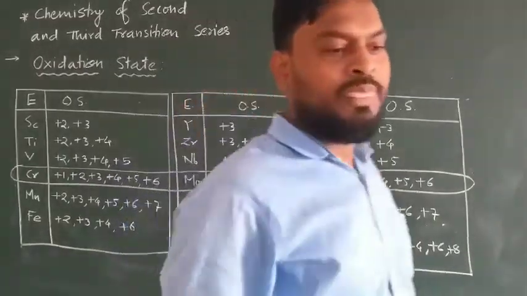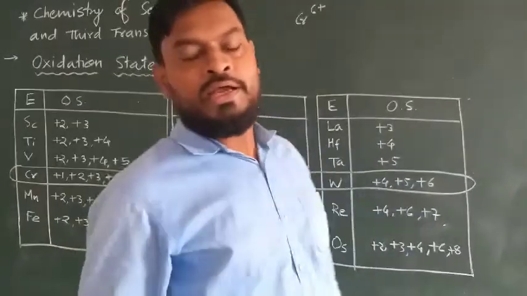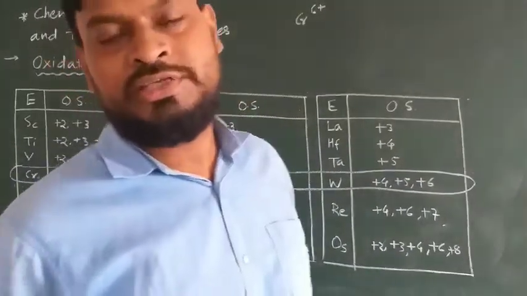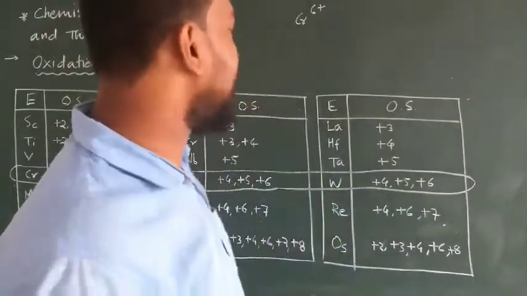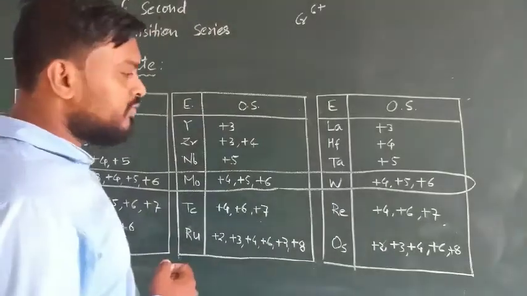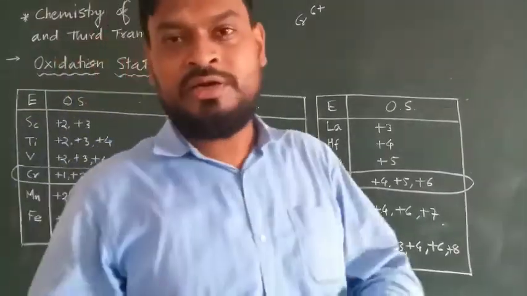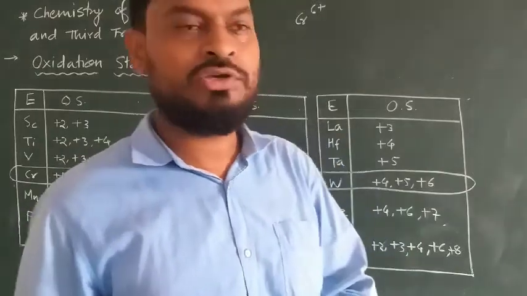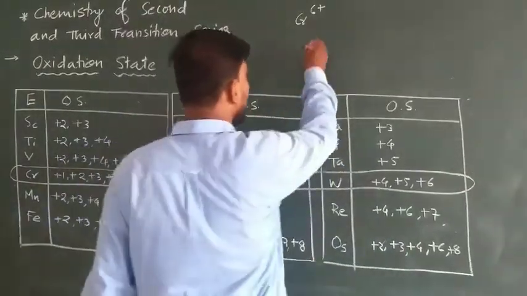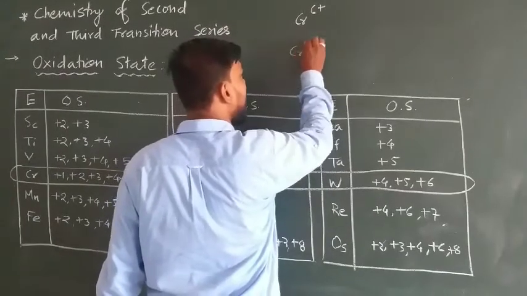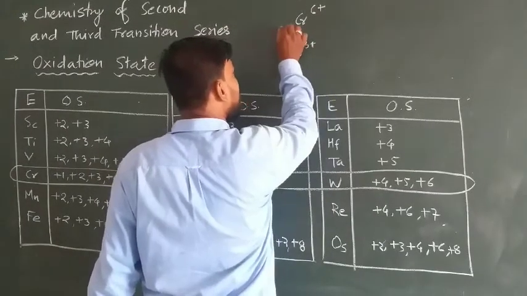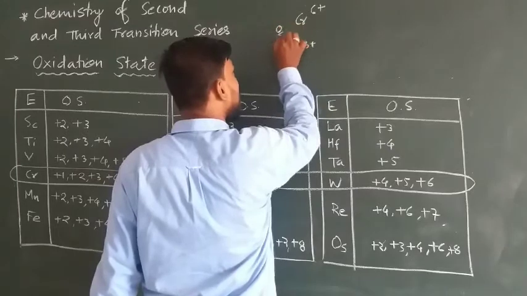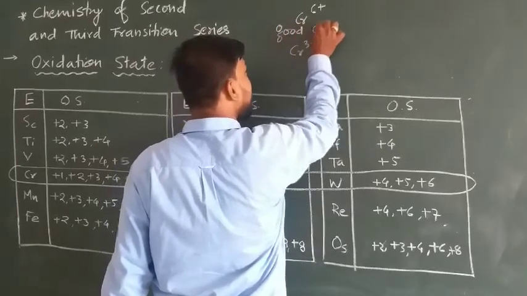it acts as a good oxidizing agent. It oxidizes some other substance, so it itself gets reduced. It can reduce to +3, and because of this it is a good oxidizing agent.